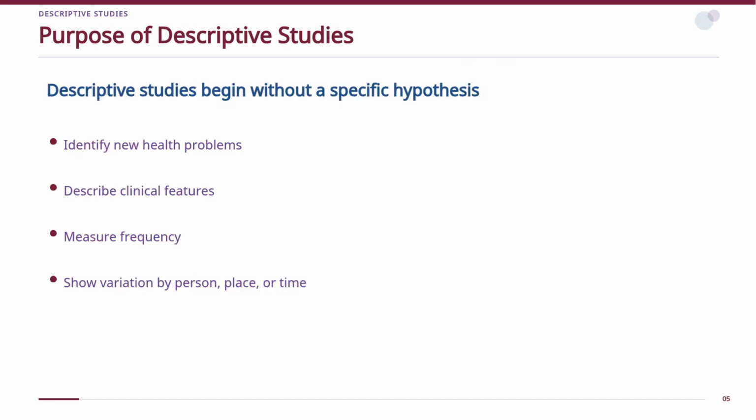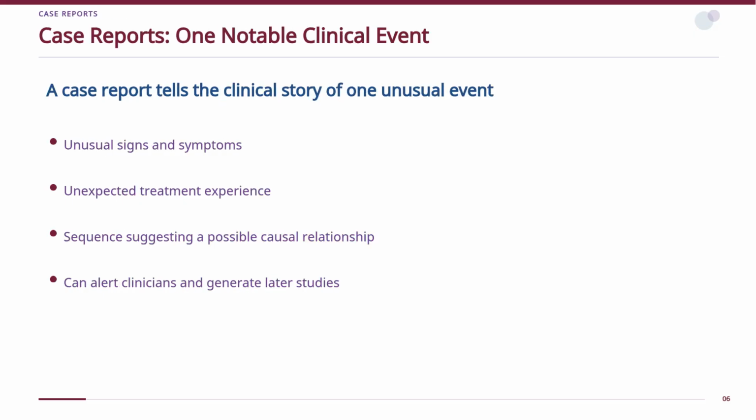First, let's start with the descriptive studies. A descriptive study is conducted without a specific hypothesis. Descriptive studies may identify new health problems, describe their clinical features, measure their frequency, and show how they vary across people, places, or time. A case report describes one notable clinical event.